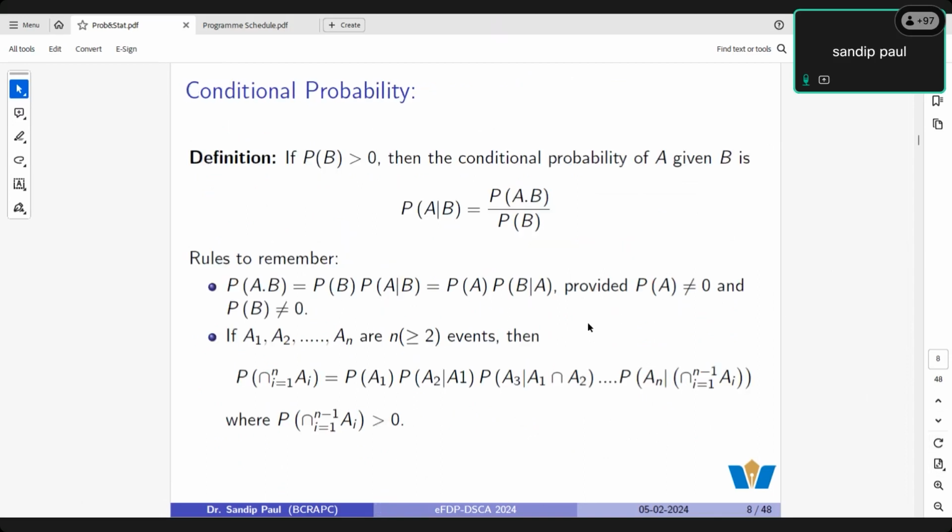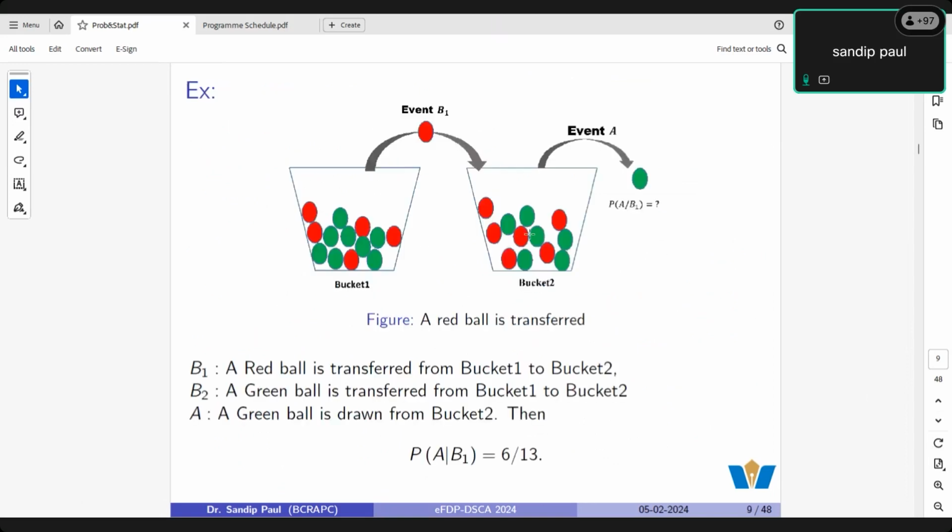Now conditional probability. Suppose there are two events, one happening after another. The probability of A happening when B has occurred earlier can be obtained using the formula. It can be understood through an example. Suppose we have two buckets.